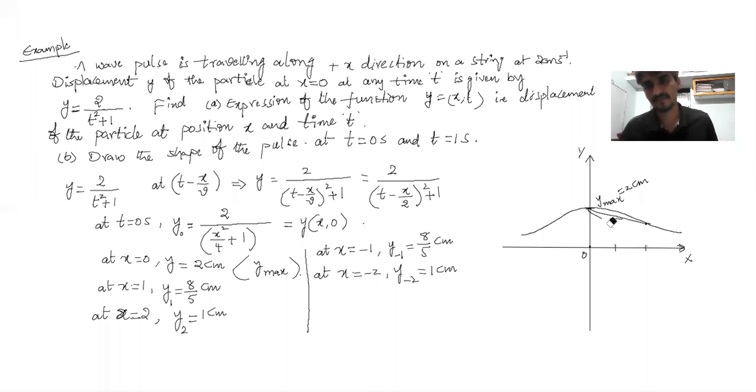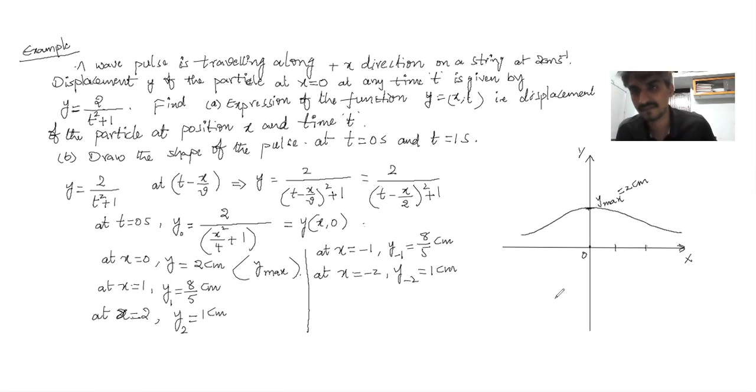Am I right? Why? Because if you take different values of x and y, you will get a curve like this. What is this curve? This curve is just a pulse. Am I right or not? It is in the shape of a pulse.